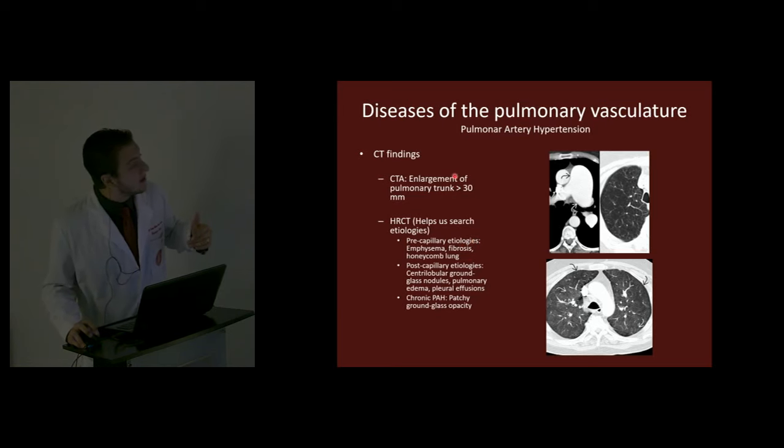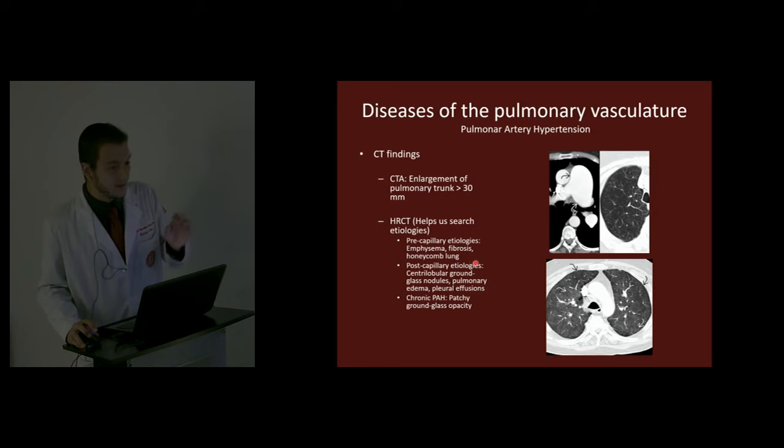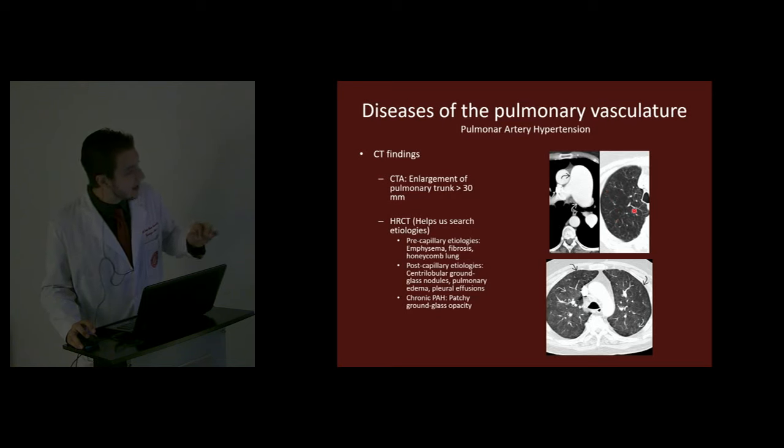On the CT findings, the most important thing is to evaluate the enlargement of the pulmonary trunk. It has to be less than 30 millimeters. Certain articles say that 28 is still under debate. And the high resolution CT helps us search for the etiological source. In this case, it was a person with emphysema, and this was the cause of this arterial hypertension.